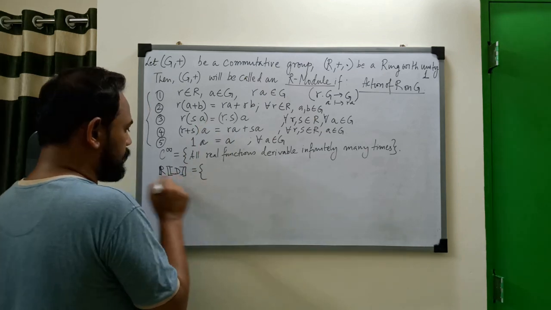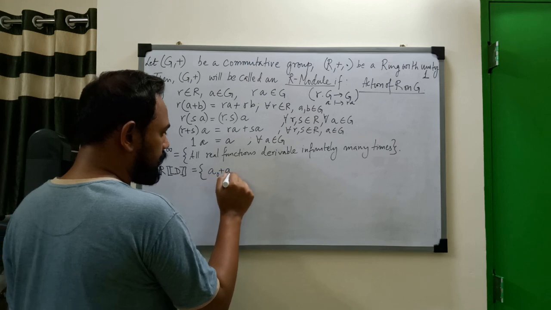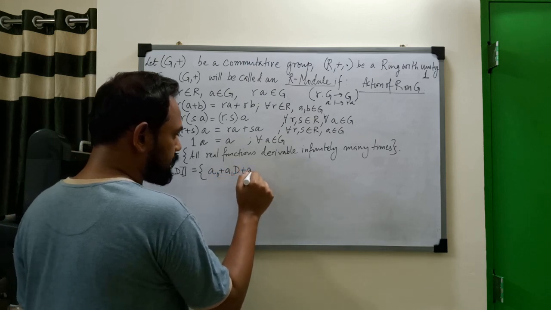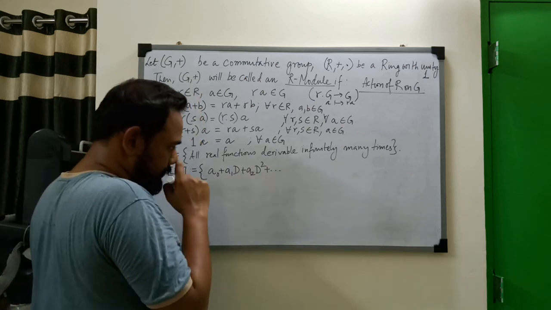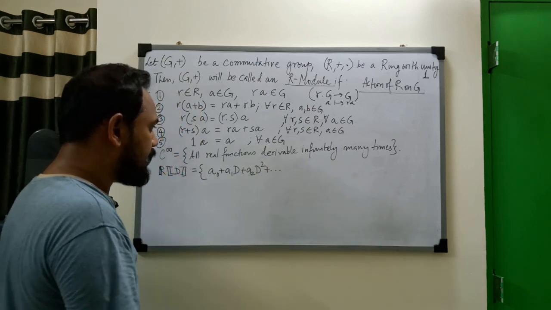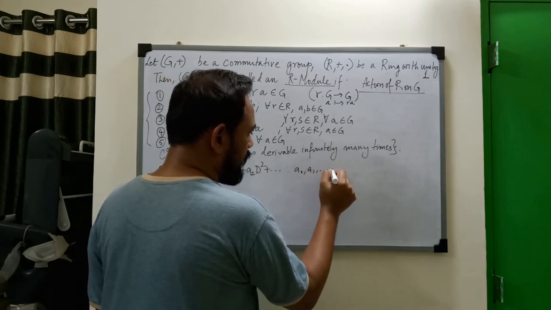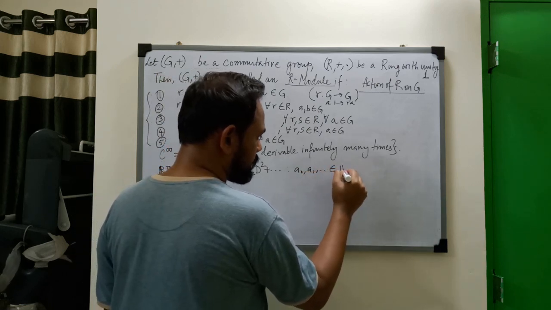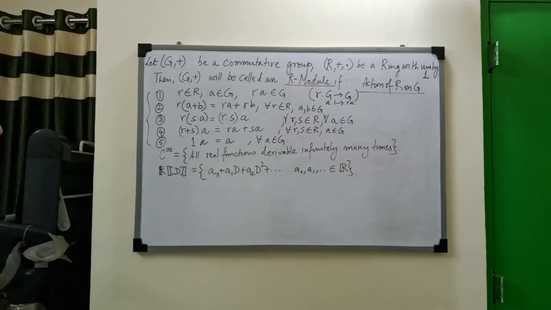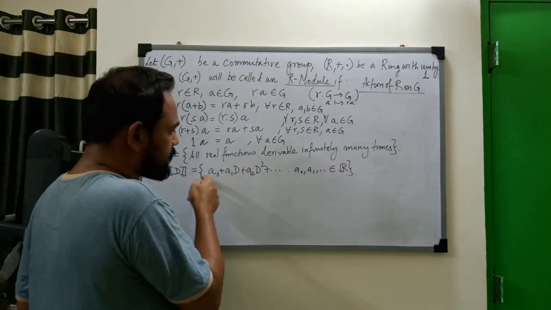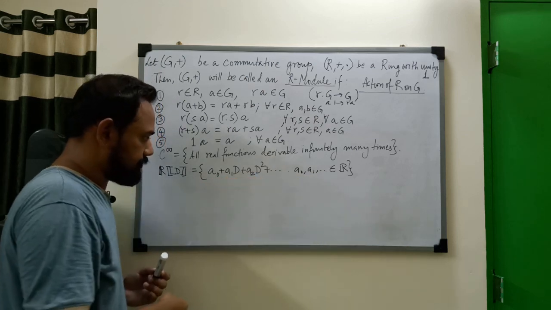This set contains all elements of this form: A0 plus A1D plus A2D square plus ... We don't know what D is. D is a variable here. These A0, A1 are all real numbers. That's why the real R is here. It's a series of terms all added together.